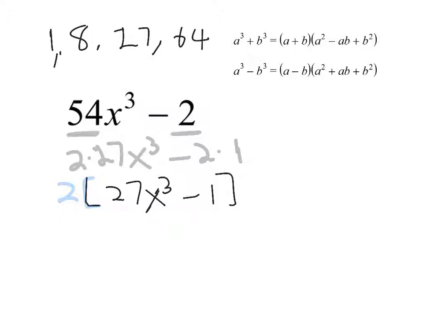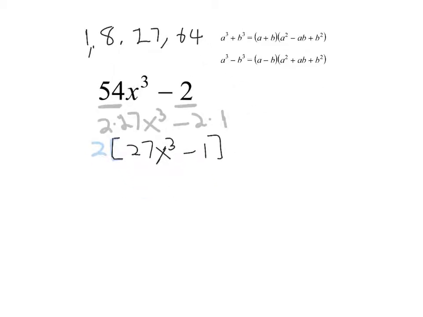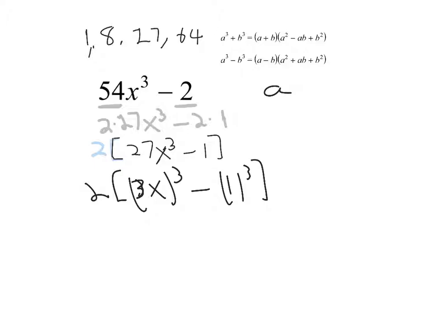Now our next job is to recognize that this 27 is 3 cubed and this is x cubed. So our a is going to be 3x. It's going to be 2 and then bracket 3x cubed minus 1 cubed.